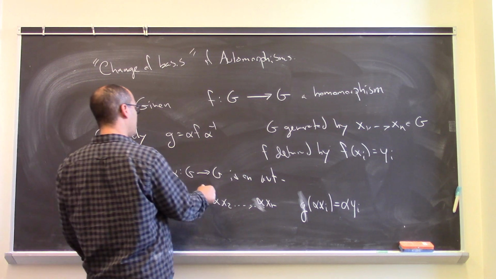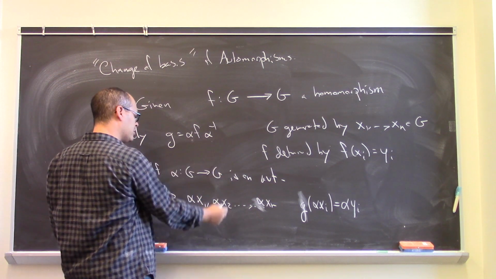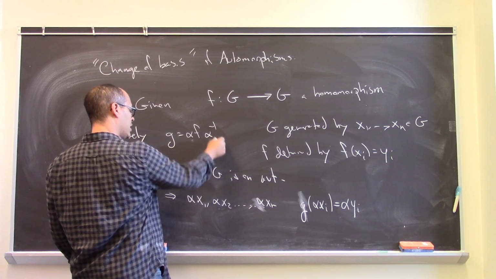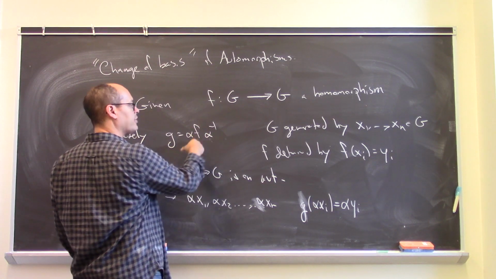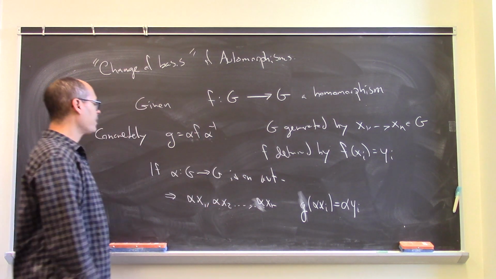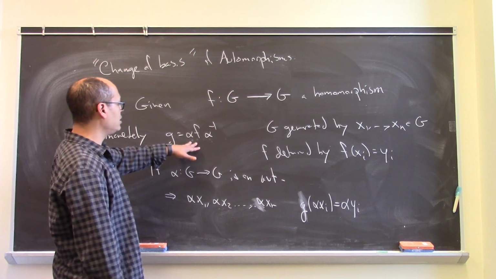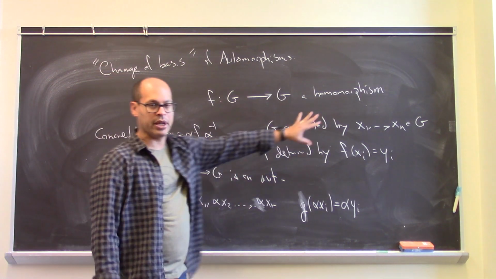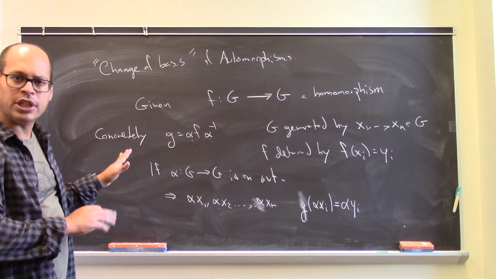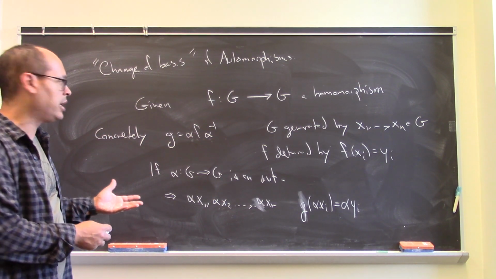Because if you take this and you stick in one of the alpha xi's, you do alpha inverse to it, that just gives you the xi back, you do F, that gives you the yi, and then you do alpha, that gives you that guy, right? So you can check that these are equal because they do the same thing on a basis. And this is the usual change of basis formula that you see in linear algebra.